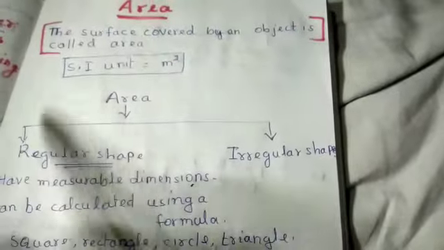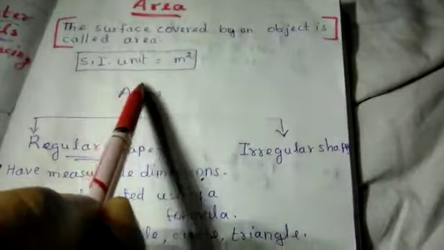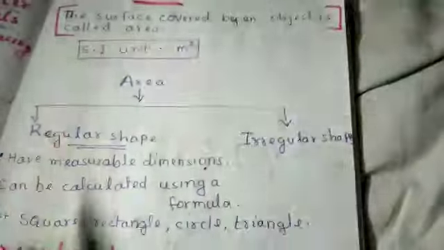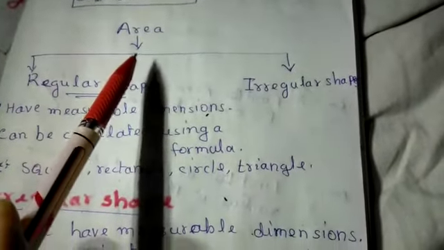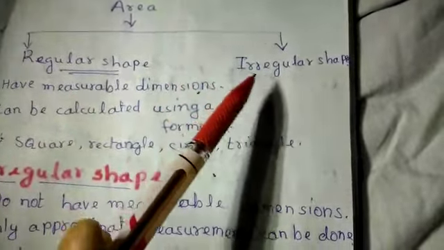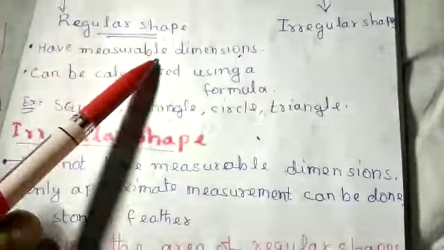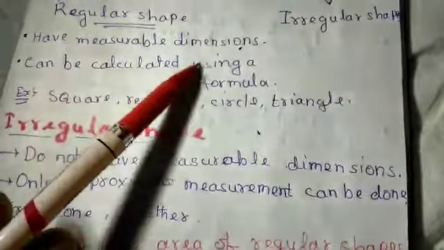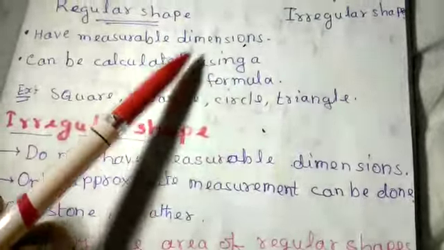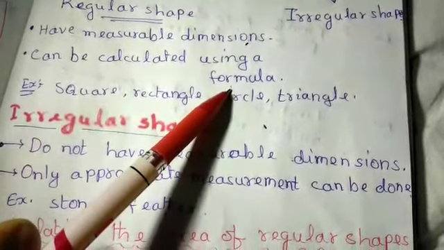Now we discuss area. What is area? The space covered by an object is called area. Its SI unit is meter square. Area is classified into area of regular shape and area of irregular shape. Regular shapes have measurable dimensions, meaning length and breadth, and can be calculated using a formula.